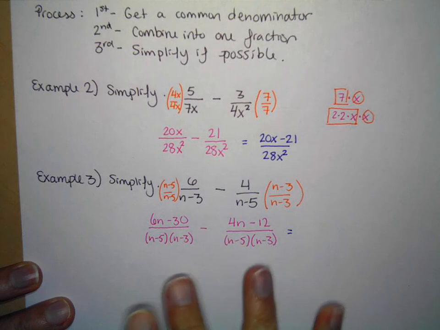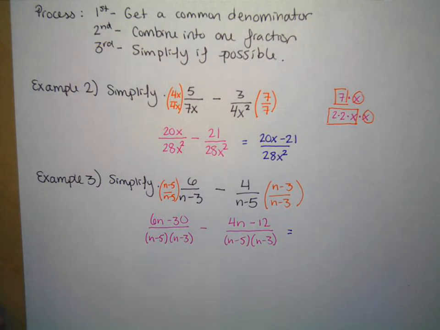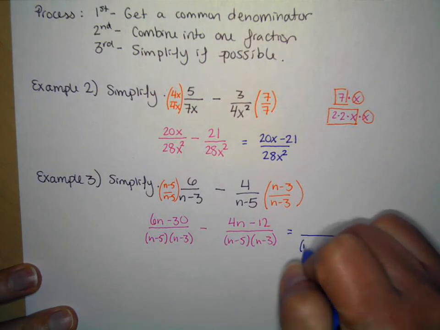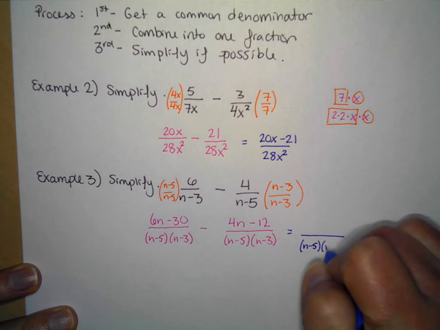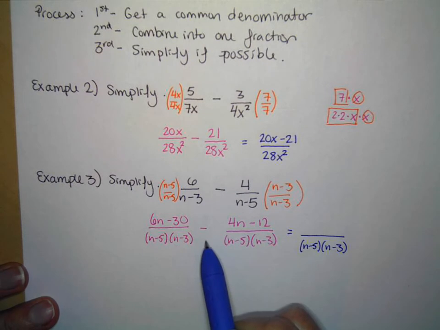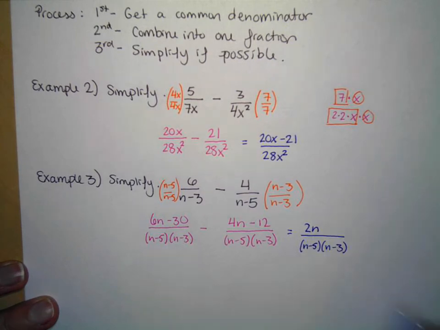And now that we have our common denominator, they're both over n minus 5 and n minus 3, we can combine this into one fraction. Notice the subtraction symbol in the middle. So we're going to be subtracting our like terms. 6n minus 4n is 2n.